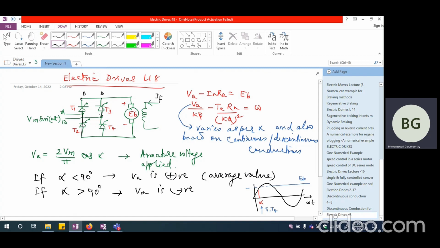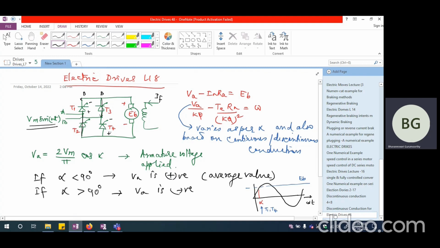So VAB is the supply voltage itself, positive here and negative here, due to which T1 will be forward biased. The same will be the case as far as T4 is concerned, this will be positive and this will be negative because this is a short circuit.